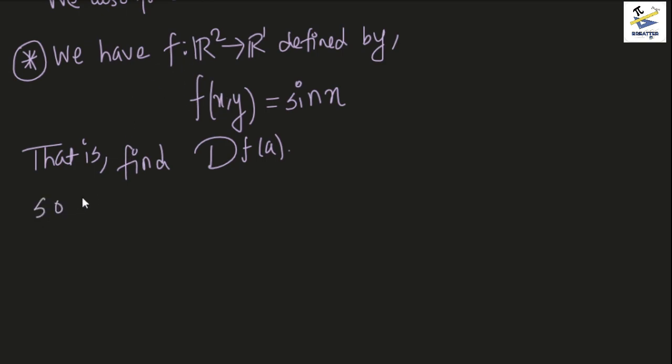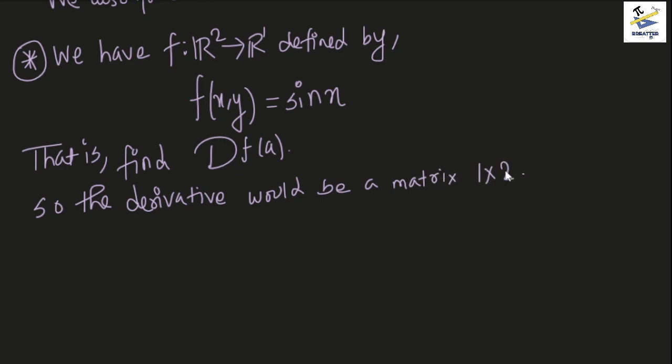So the derivative would be a matrix of dimensions 1 cross 2.